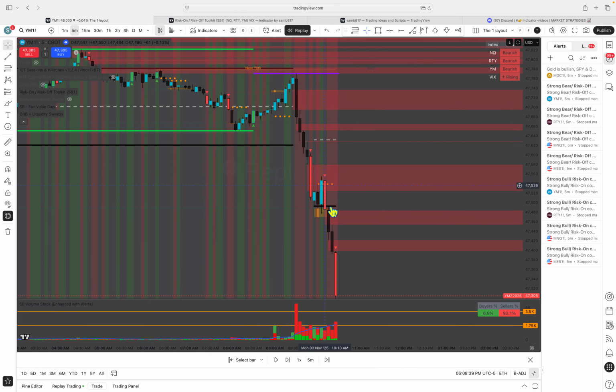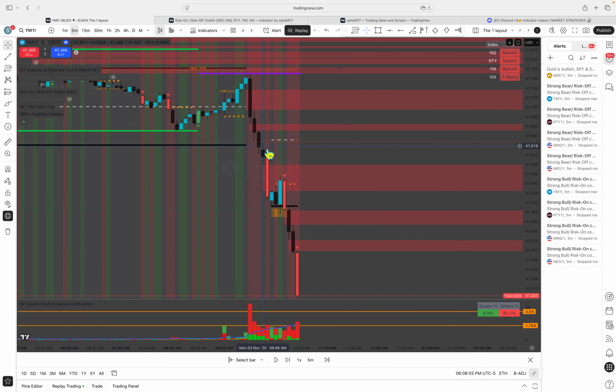Throughout this whole period of time, that's what we'll see if we rewind it bar by bar. Now here, we would have seen it turn the opposite because we see the little green highlight back here. But from this point all the way down, pretty much besides the spots where it fell out of alignment, we would have noticed that all three were bearish and that the VIX was rising as well.